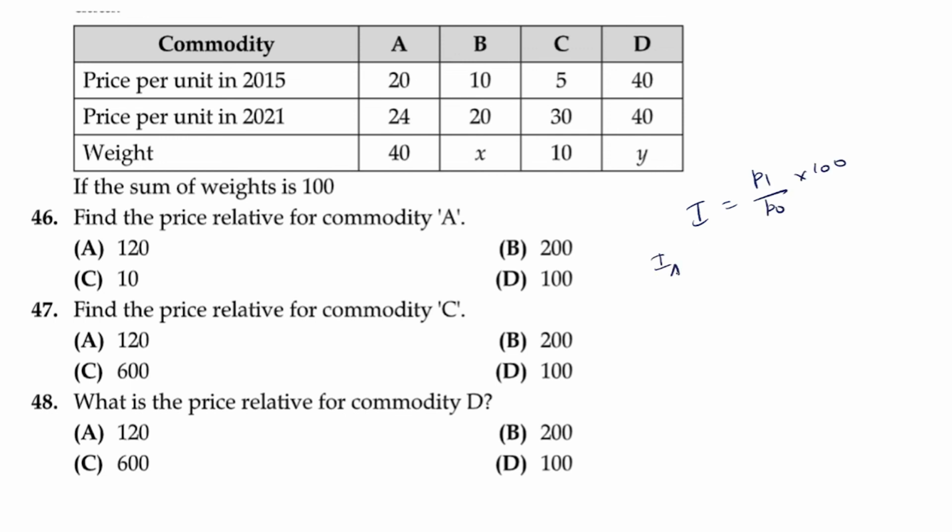So for commodity A, P1 is 24, P0 is 20. 24 upon 20 into 100. So it is 24 into 5. So it is 120.